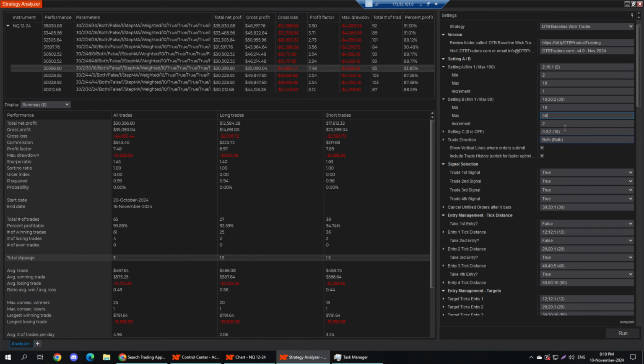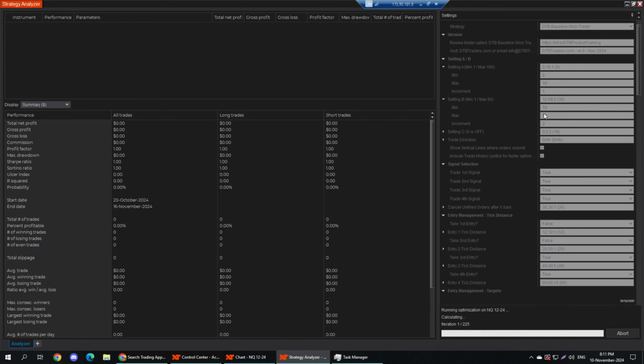You don't need to start from 2. If you're seeing numbers primarily form in the 20s or late teens, start from 10, because that gives the strategy less work to analyze. It's only got 225 iterations now.